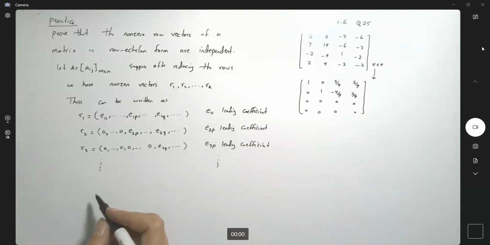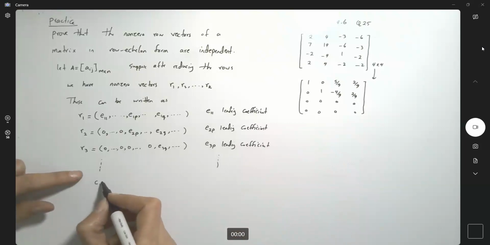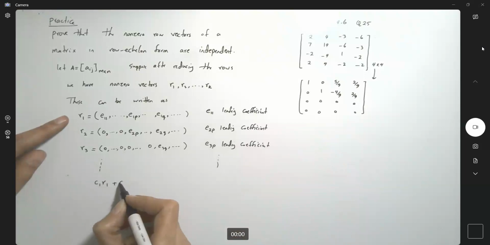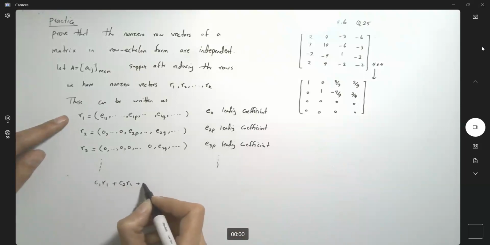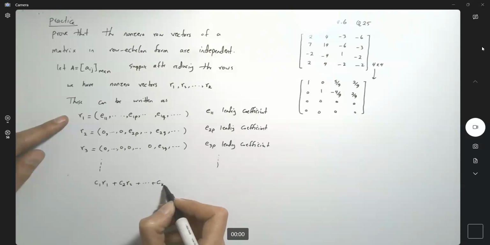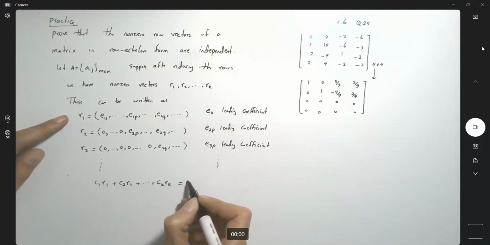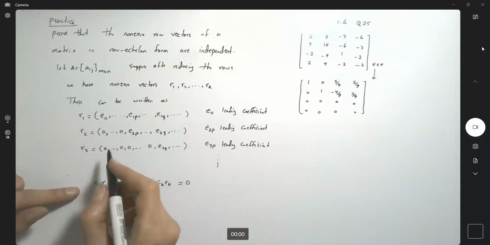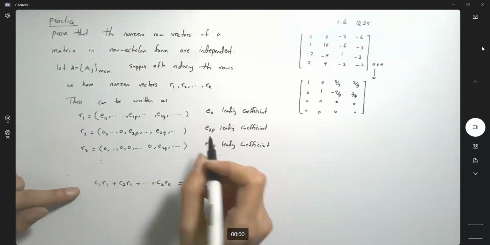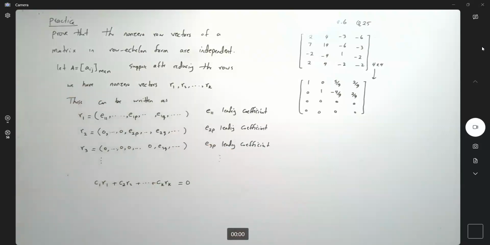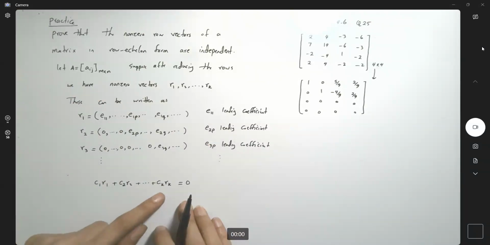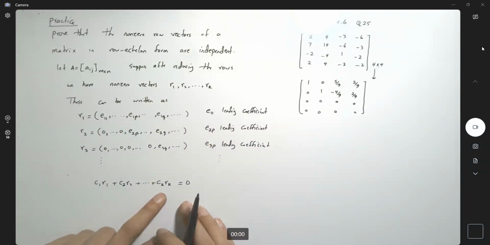If I write down C1 R1 plus C2 R2 plus up to Ck Rk equal to 0, basically writing the linear combination of the non-zero vectors and setting it equal to 0, then if they are linearly independent from each other, you need to be able to justify that C1, C2, up to Ck are 0.